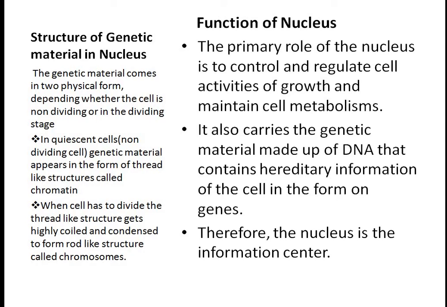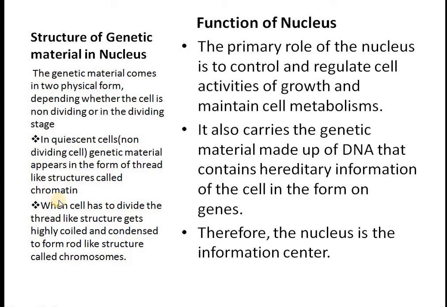Now let me tell you the appearance of this genetic material or hereditary material. The genetic material comes in two physical forms, depending upon whether the cell is dividing or not dividing. If the cell is in a non-dividing stage, you will see genetic material appear as thread-like structures.